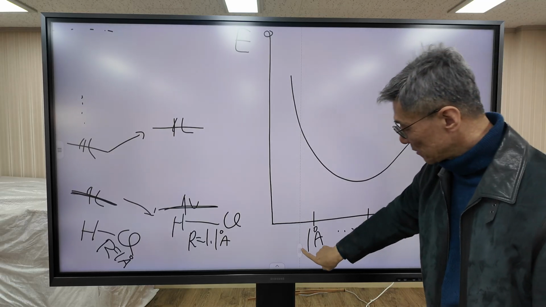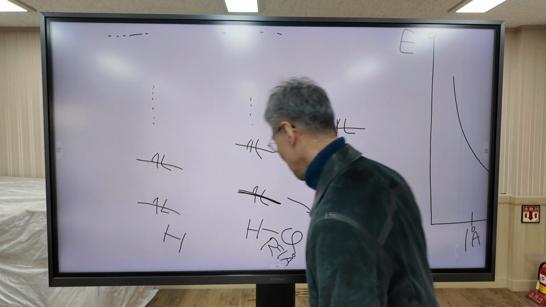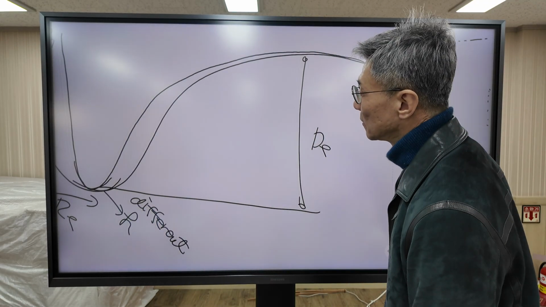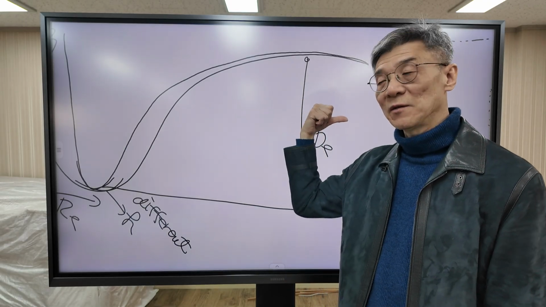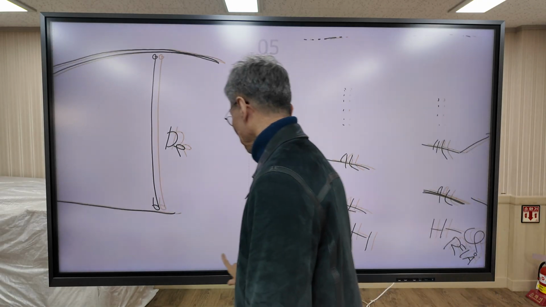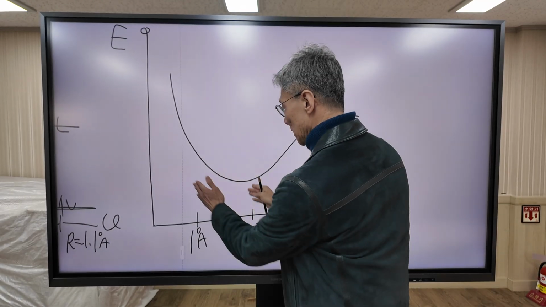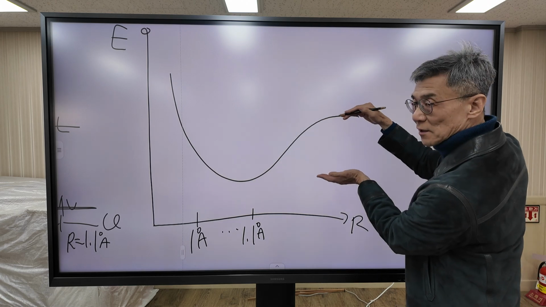This curve is the same as this one. This is the interpretation of quantum chemistry. So with this curve given, I can define bond length and bond dissociation energy.